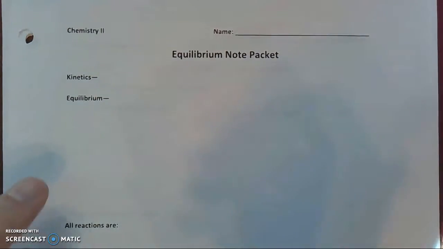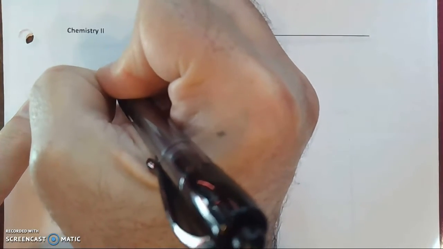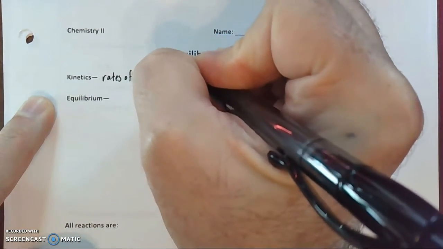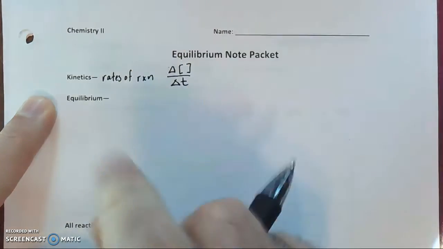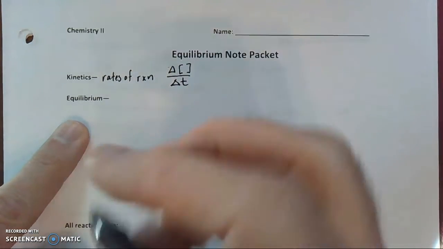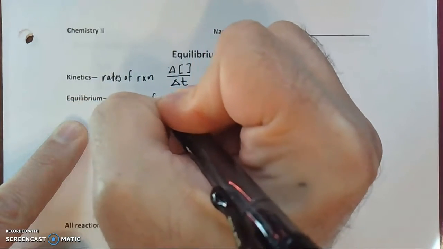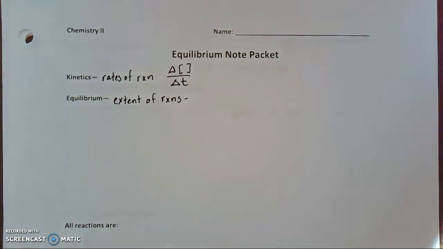With kinetics, we looked at rates of reaction, the change in concentration over the change in time, which is how fast a reaction takes place. With equilibrium, we are going to look at the extent of reactions, which is how far the reaction goes towards completion.